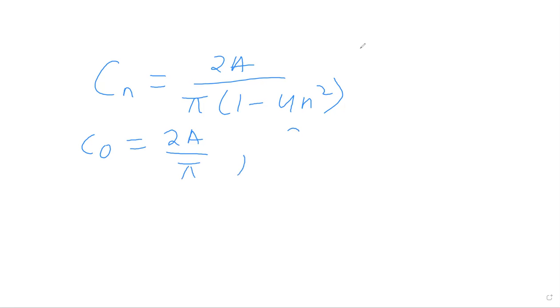Okay. Now C1. If you substitute 1 in place of n, this is going to be 2a by pi into 1 minus 4, so it will become minus 3 pi.